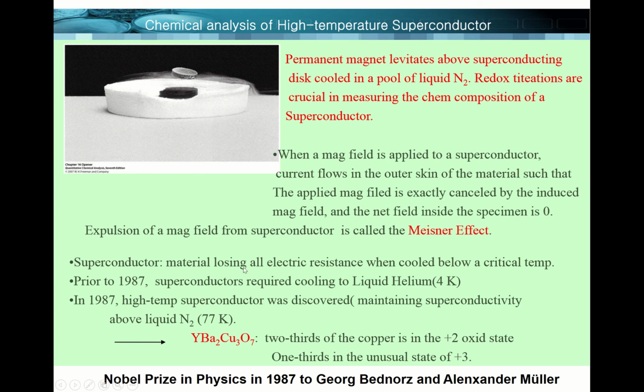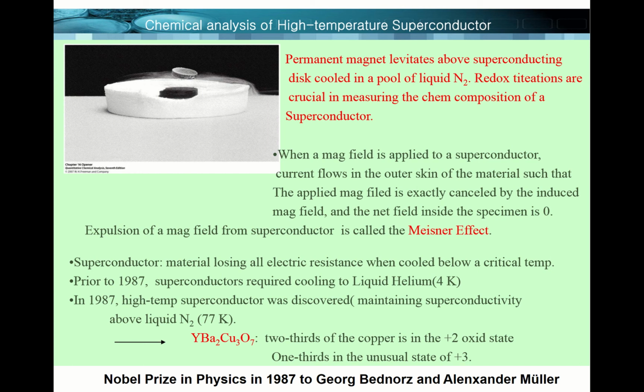Since liquid nitrogen is very cheap compared to liquid helium, at that time it was said that almost half of the physicists in the world turned to study high temperature superconductivity, and much progress has been made since then.